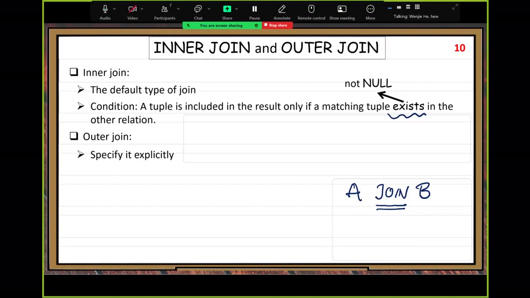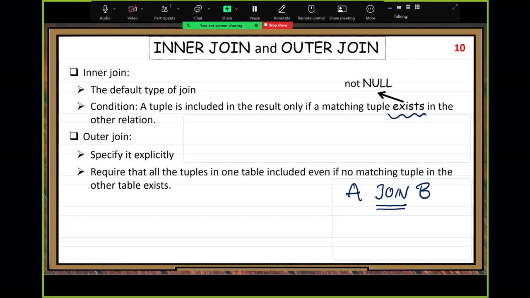So the A operand is at the left, the B operand is at the right. So we have the left outer join and the right outer join, these two types of outer join. They require that all tuples in one table, A or B, one of the two operands, be included, even if no matching tuple in the other table exists.